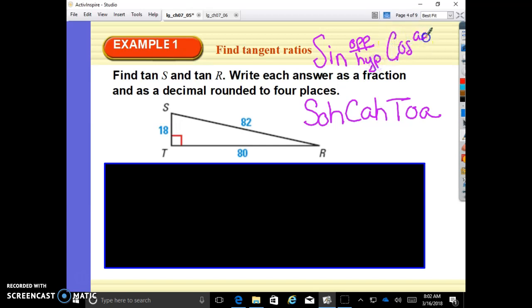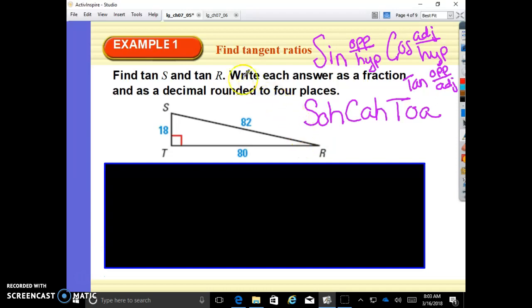Cosine is adjacent over hypotenuse. And tangent is opposite over adjacent. SOHCAHTOA. You need to know how to spell this. You need to know how to create this. And you need to know that this means up here.